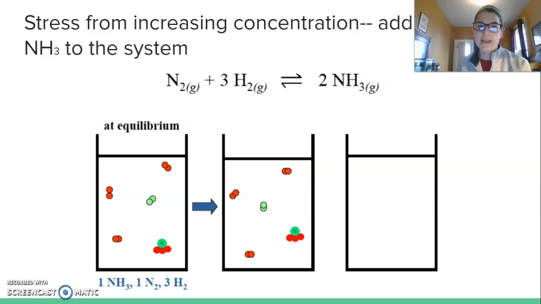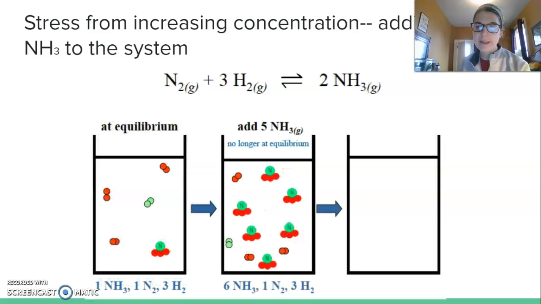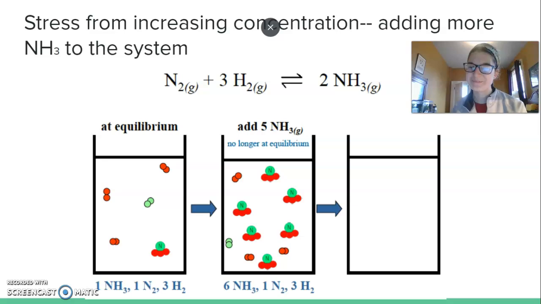So here we have the same equation, N2 plus 3H2, yielding 2 NH3. At equilibrium, on the far left here, we have 1 NH3 molecule, 1 N2 molecule, and 3 H2 molecules. If we add NH3, the system's no longer at equilibrium.